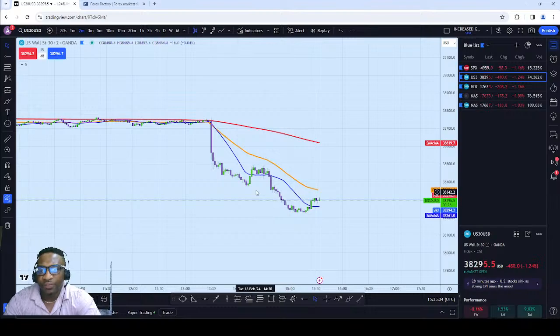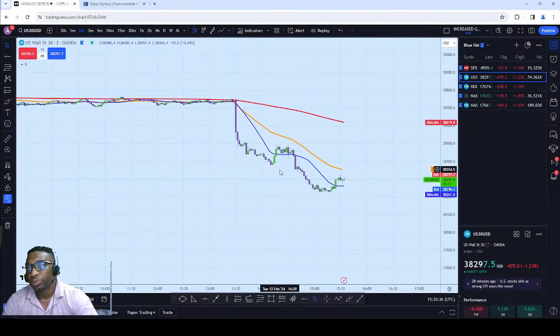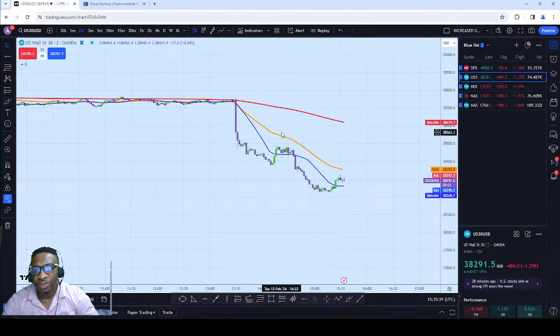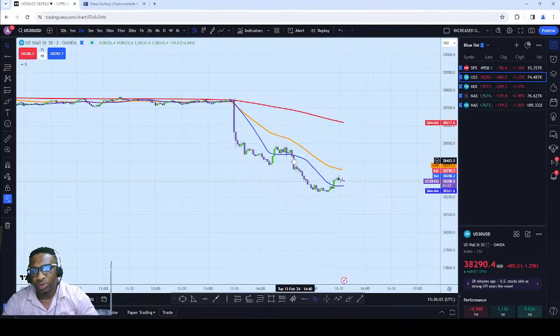So if you want to go and review most of the trades you have done, where maybe you had some drawdowns, you will notice that in most of them you were trading against the 20 moving average, where price was below it and you were expecting price to cross to the upside, and then it turned around and continued going down.